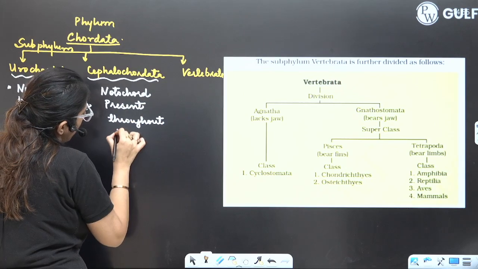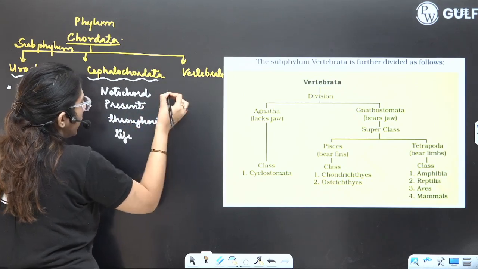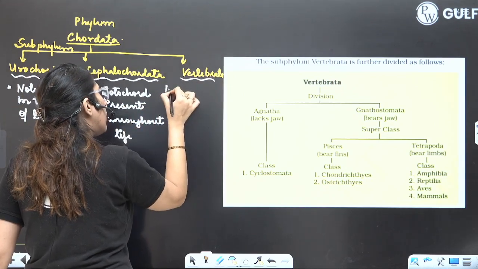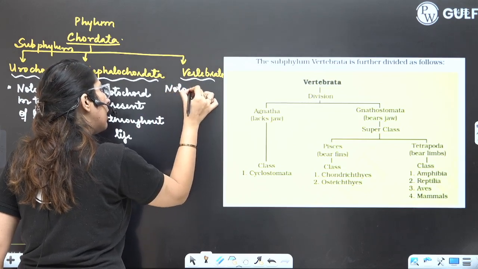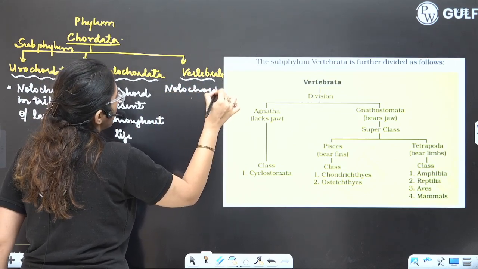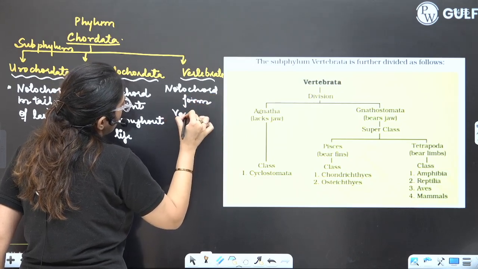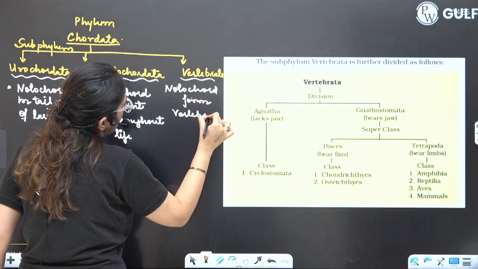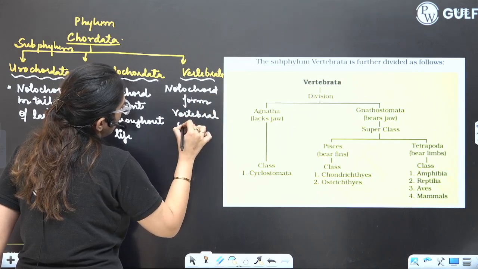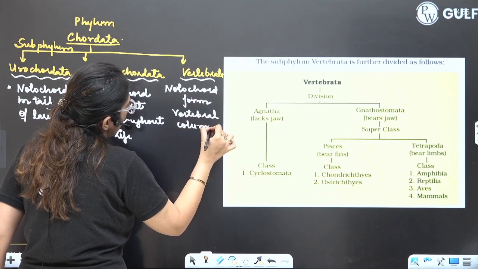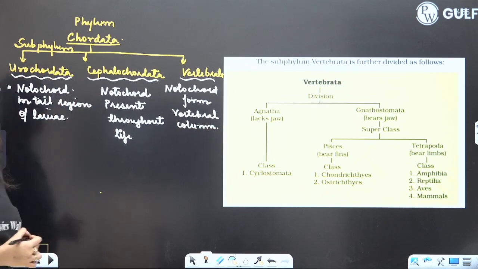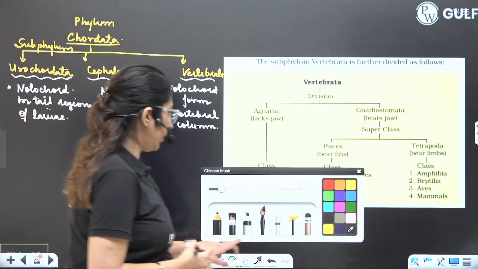In Vertebrata, the notochord forms the vertebral column. What does it form? Vertebral column. Clear?